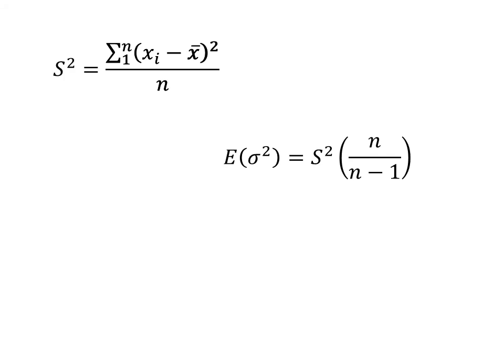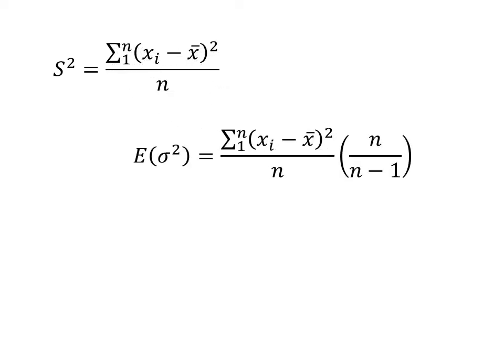We now recall the original formula for s squared, the sum of xi minus x bar squared divided by n. We substitute that for the s squared in our equation. The n in the denominator and the n in the numerator now cancel out, leaving n minus 1 in the denominator.